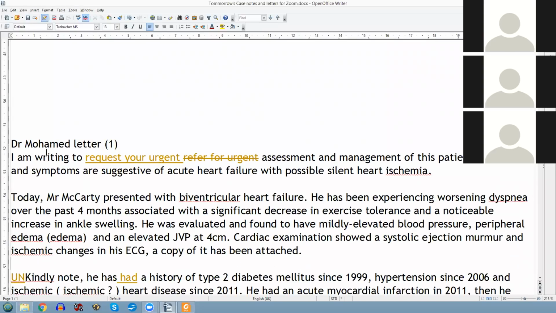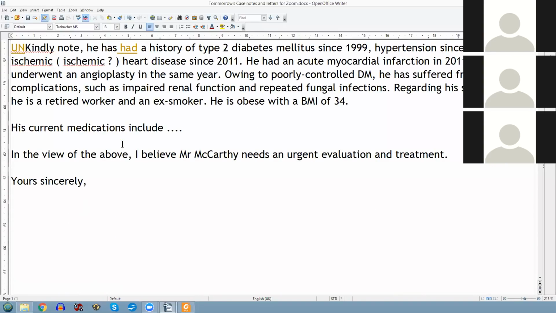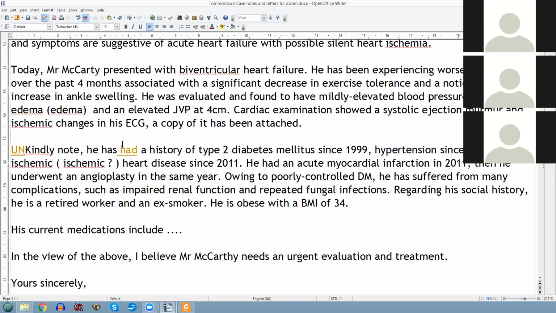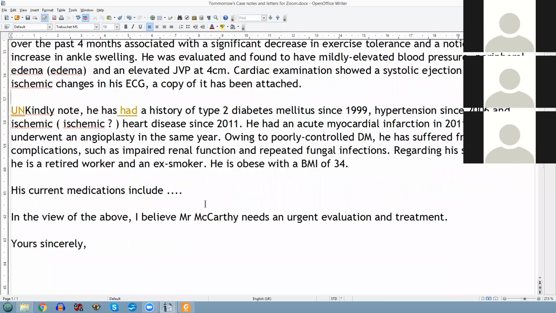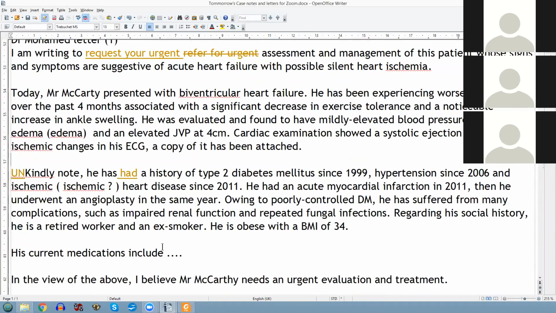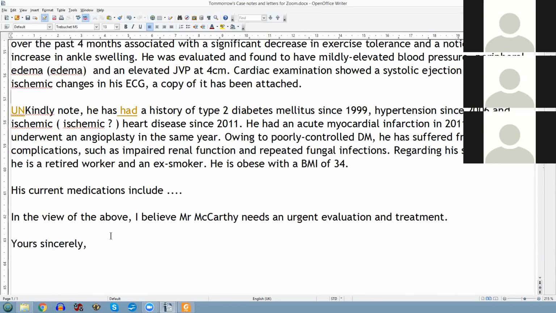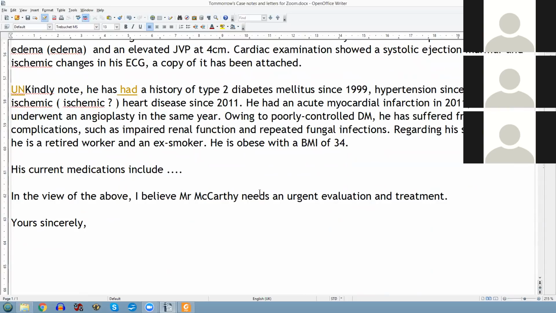If you included the date of birth, then we would guess he's retired. Okay, regarding social history, ex-smoker, he is obese, his current medications include. This doesn't seem to be quite finished. I don't know why. Well, okay, it doesn't seem to be finished or complete, so I don't know.